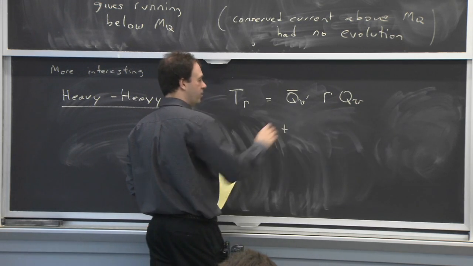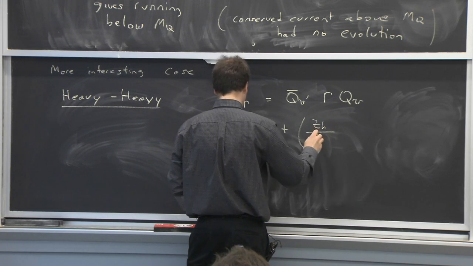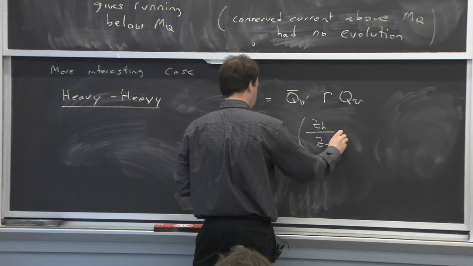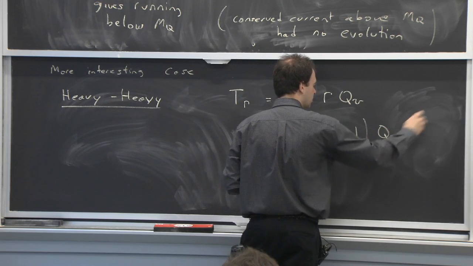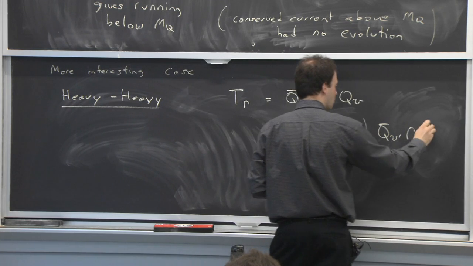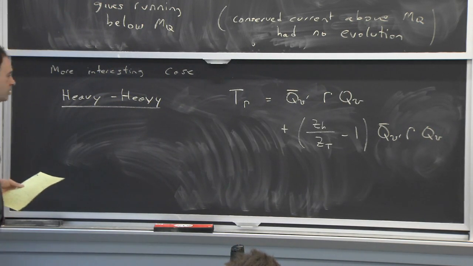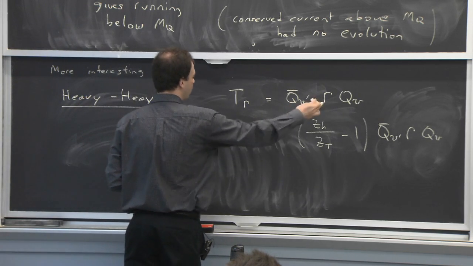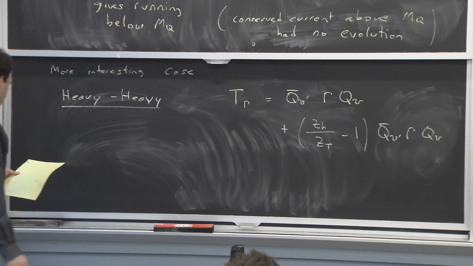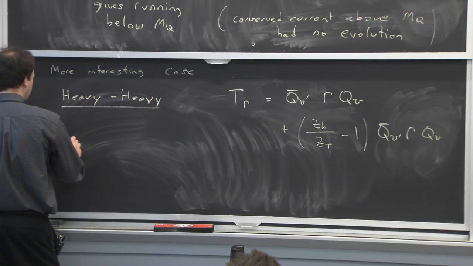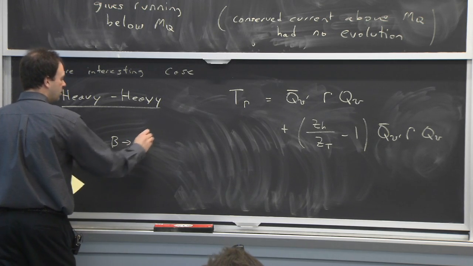Let me imagine I went through this procedure of separating out the counterterm and normalized operator, just like I did over there. So I have these two types of structures. Now I don't have a ZQ, but I have two heavy quarks, so I have root ZH times root ZH, which is just ZH.